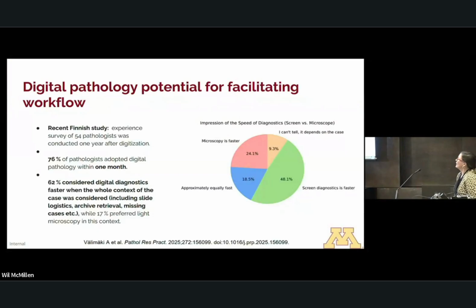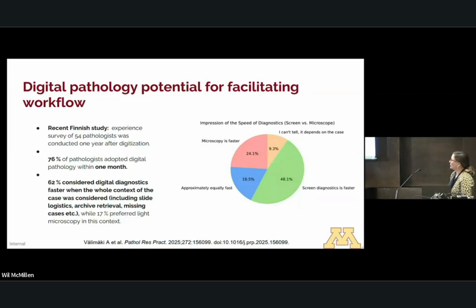I want to highlight a very recent study that just came out of Finland, where admittedly there is likely a different practice and infrastructure environment. This study highlighted the experience of two labs that transitioned to digital pathology, and they surveyed those pathologists on their perceptions a year after digitization.